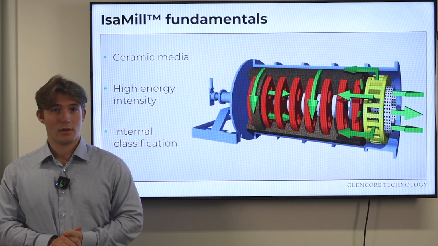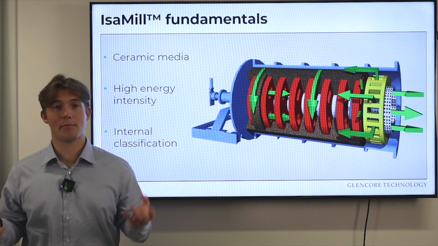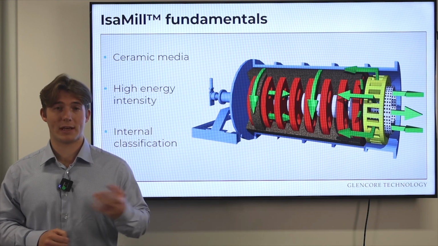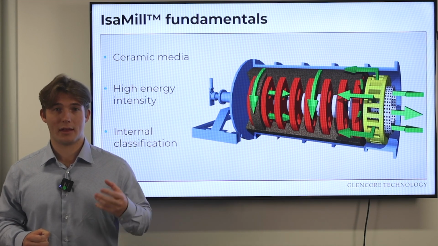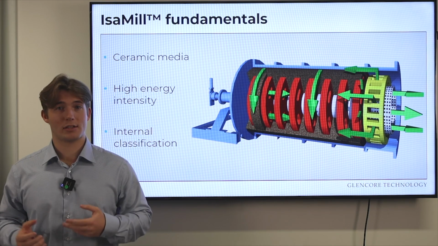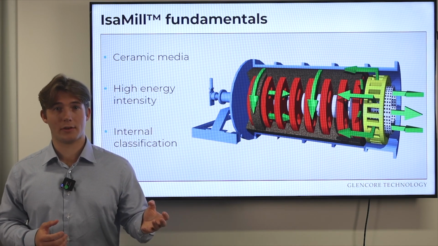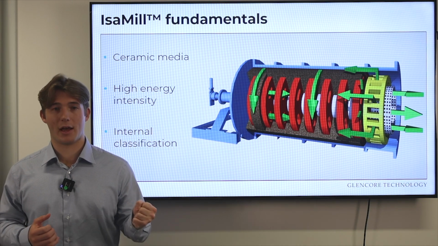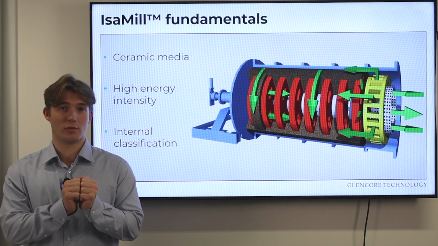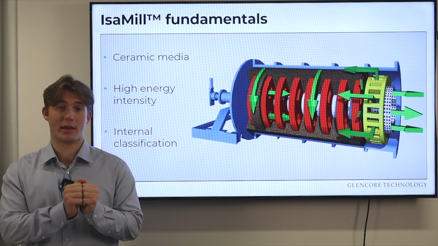Inside the IsaMill, ceramic media has been introduced to essentially minimise the galvanic interactions that occur inside the mill, replacing the steel media and steel internals that traditionally had a lot more galvanic interactions. The IsaMill also introduced a high intensity mixing mechanism which provided greater energy intensity and more abrasive environments, which assisted with providing more energy efficiency for the grinding and collisions.